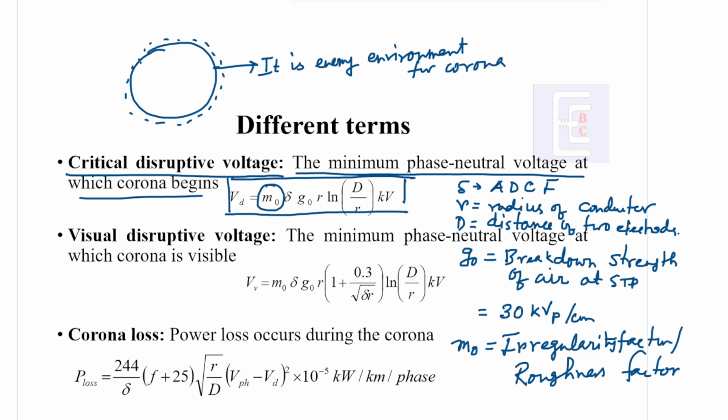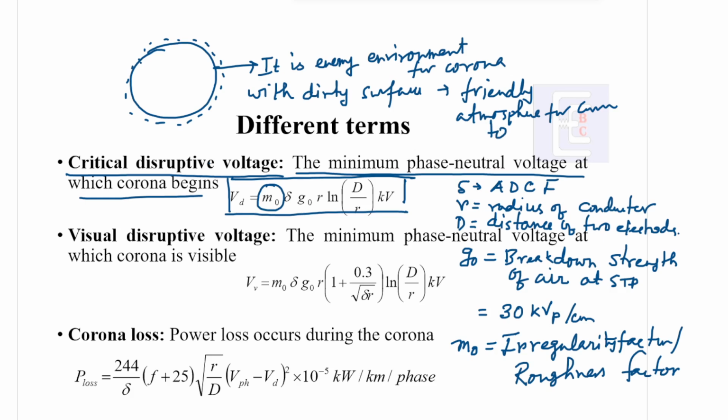However, with dirt or a dirty surface, it will be a friendly atmosphere for corona to happen.